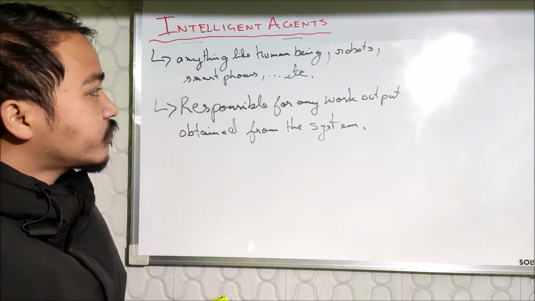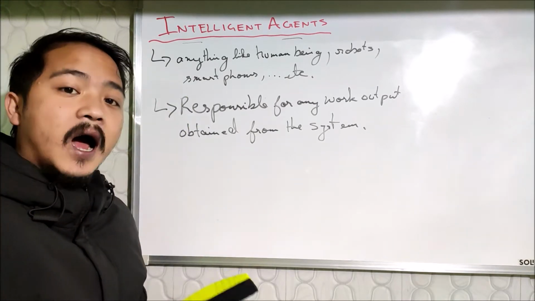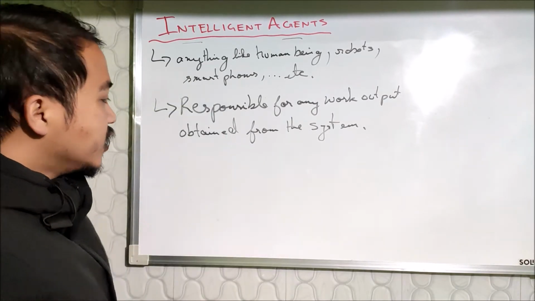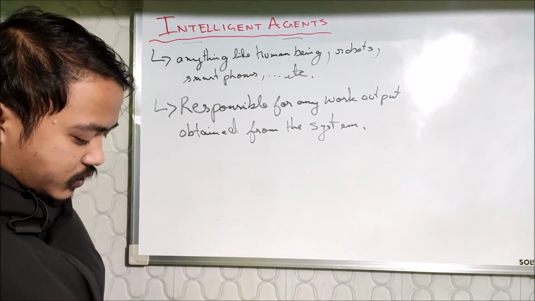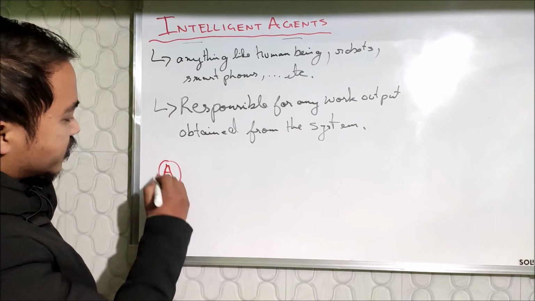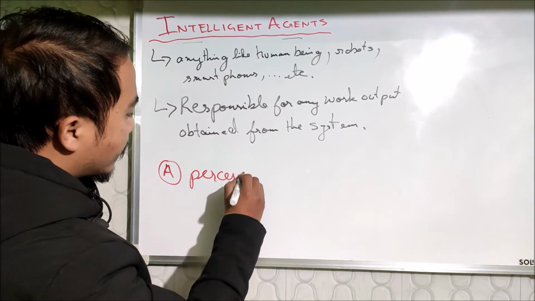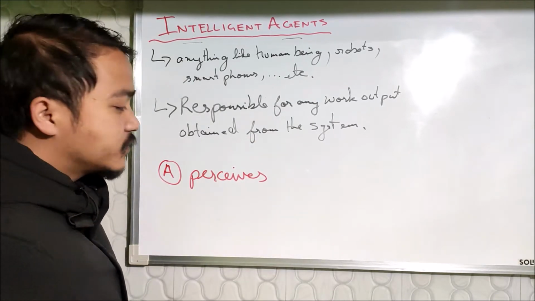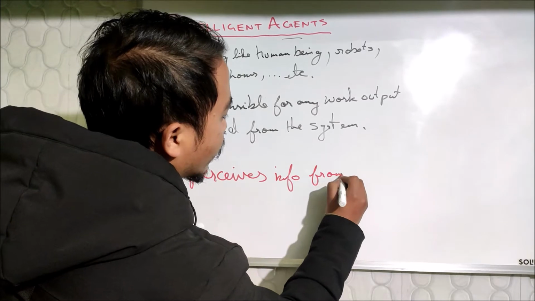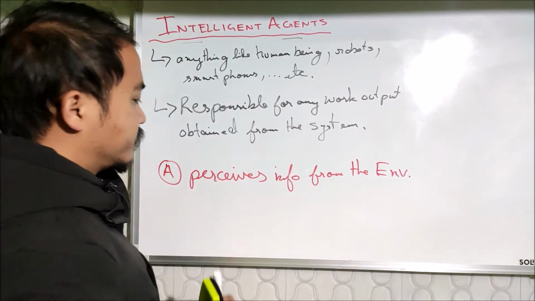All right, now what do agents do? How does it perform? What are the operations it performs? The agents, let's write it down here. The agent perceives information from the environment.